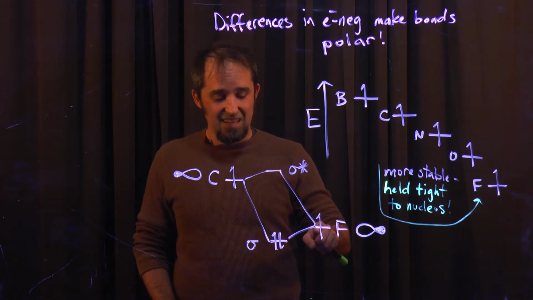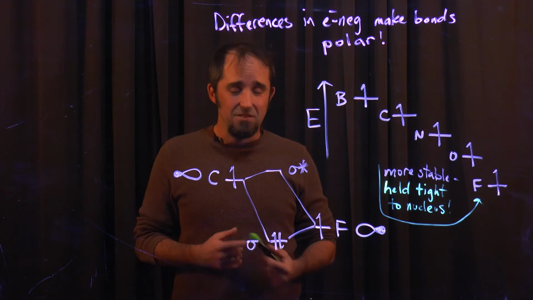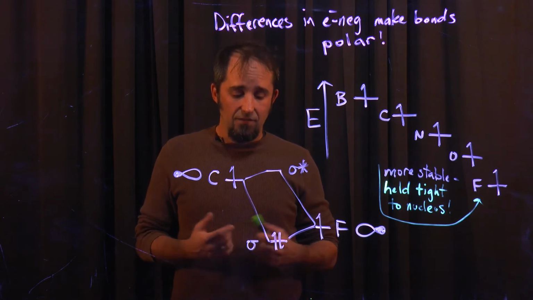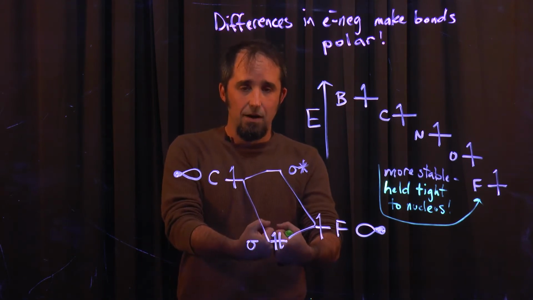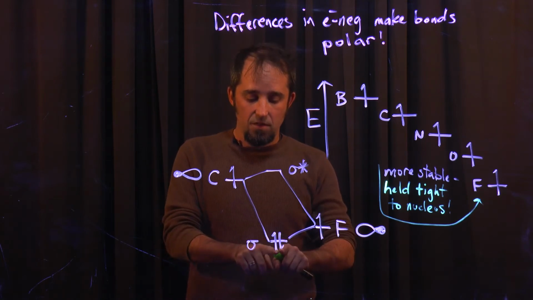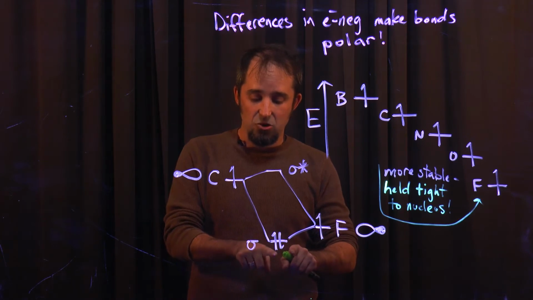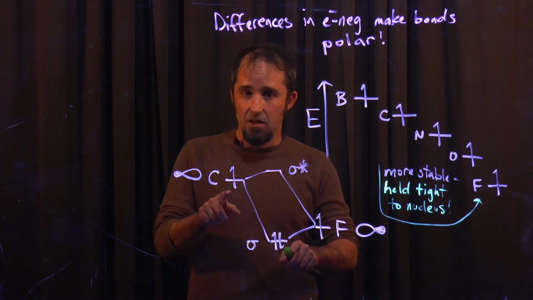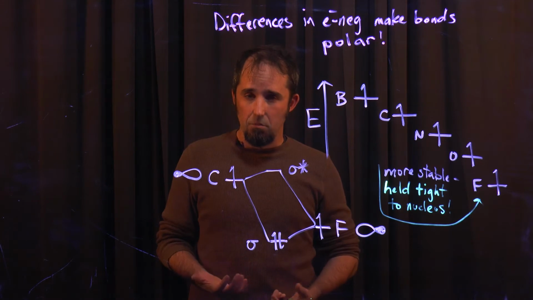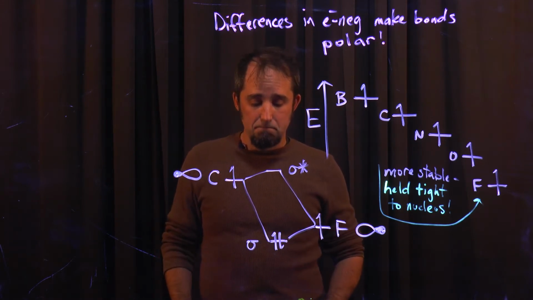So this is kind of not going that far down. But that doesn't mean it's a weak bond, right? If you think about it, to break this bond in half, we would have to move this electron up a little bit in energy, but we'll have to move this electron way up in energy. So this is still a pretty strong bond, and that polarity gives it some of its strength.